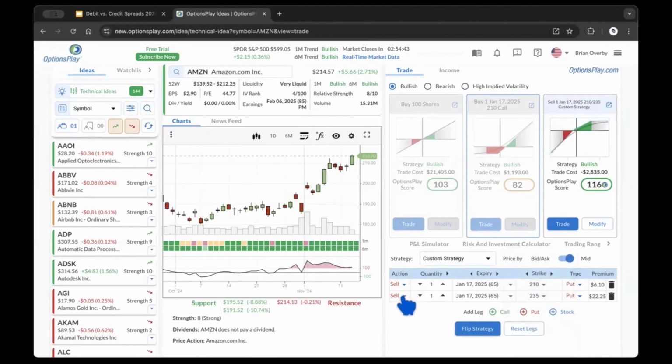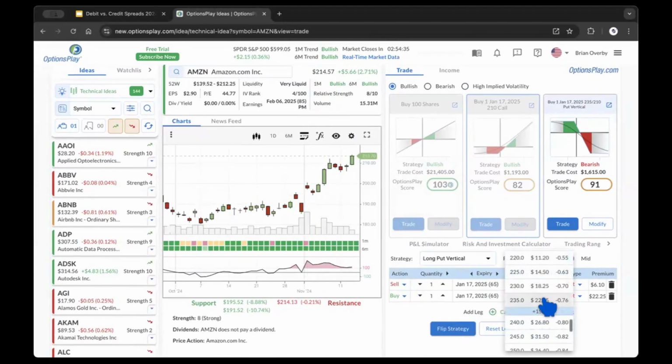So you could come in this instance and grab the put and sell that one, and then we're going to buy this one further out of the money. We're going to sell a 210 strike, and that's about 5 points. Actually, maybe a little bit more. Let's see where we're at. I'd probably sell the 205. We could either go 205 or 200.